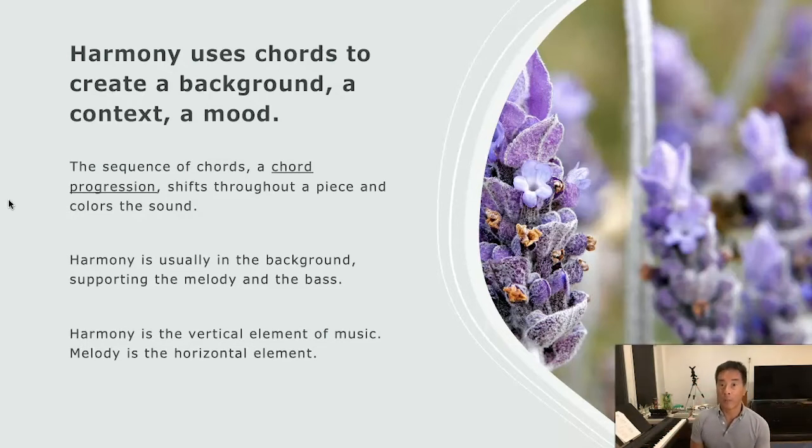The horizontal element is the melody, because the melody can't just be one note. It has to be a series of notes, and can only exist in time. So the melody has to be experienced through time. Whereas the harmony, I could just say, well, it's a C major chord. And that's kind of a momentary thing.